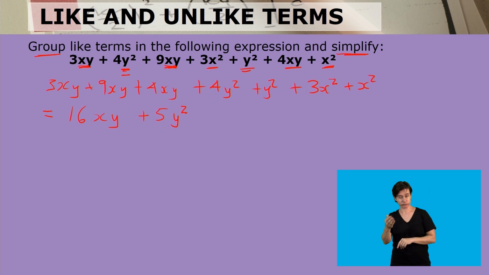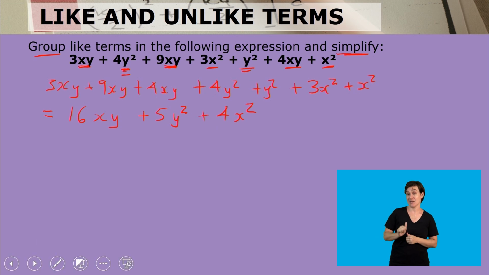So the next one would be y squared, and then the last one would be 3x squared and 1x squared. Remember, there is a 1 that we have to consider when we are adding. So it would be 3x squared and 1x squared, which would be 4x squared. Now we have grouped and simplified our like terms.